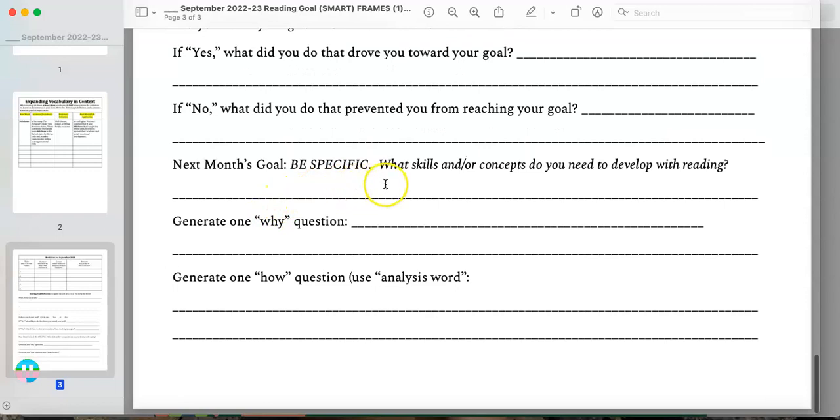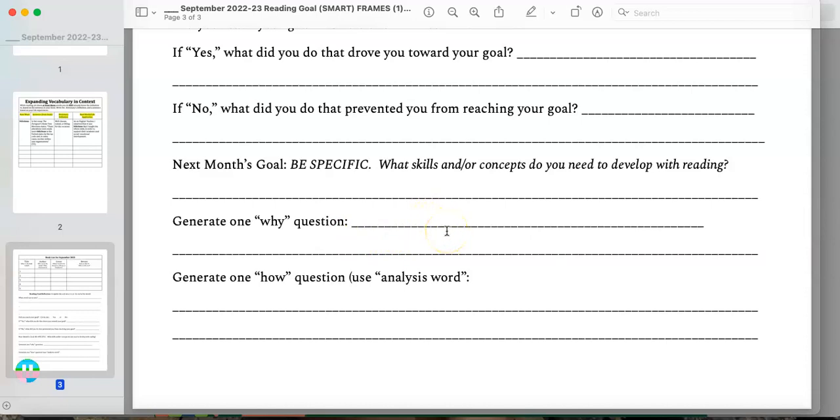And then they have to, as I stated in the very beginning, create a specific goal for the following month based on a skill or concept that they need to work on. And then they're going to generate a question as it pertains to various elements in the book.